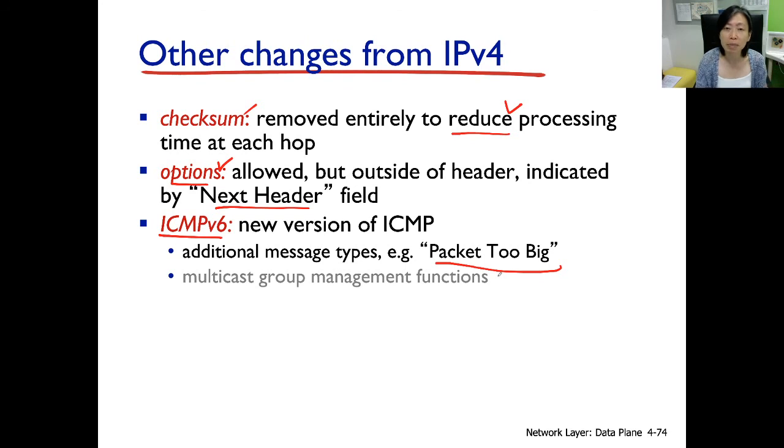The mechanism in version 6 is to send a special message, an ICMP version 6 message, back to the data source saying packet too big and the better packet size is below this MTU value. So there are additional messages defined in ICMP version 6, allowing the routers to manage themselves, deciding what is the best datagram size. And we'll just ignore this part.